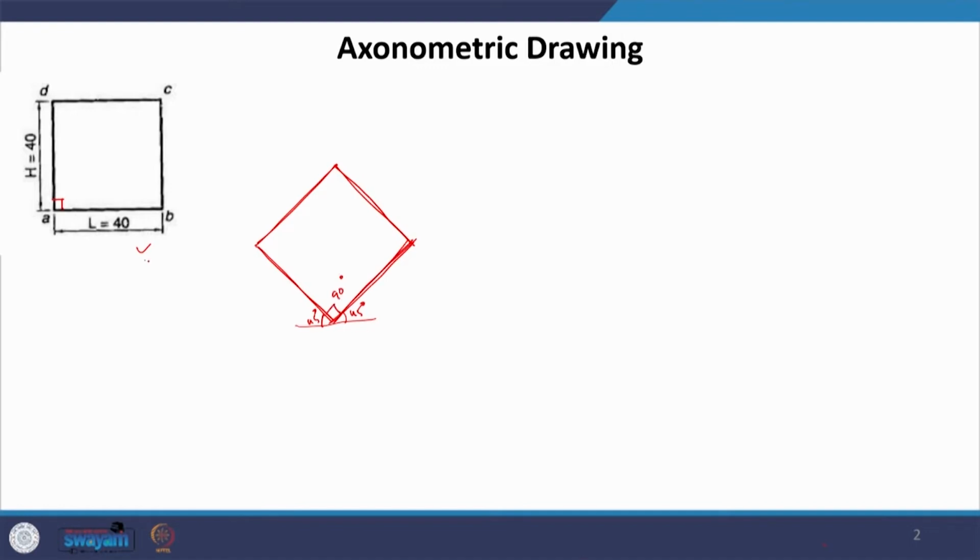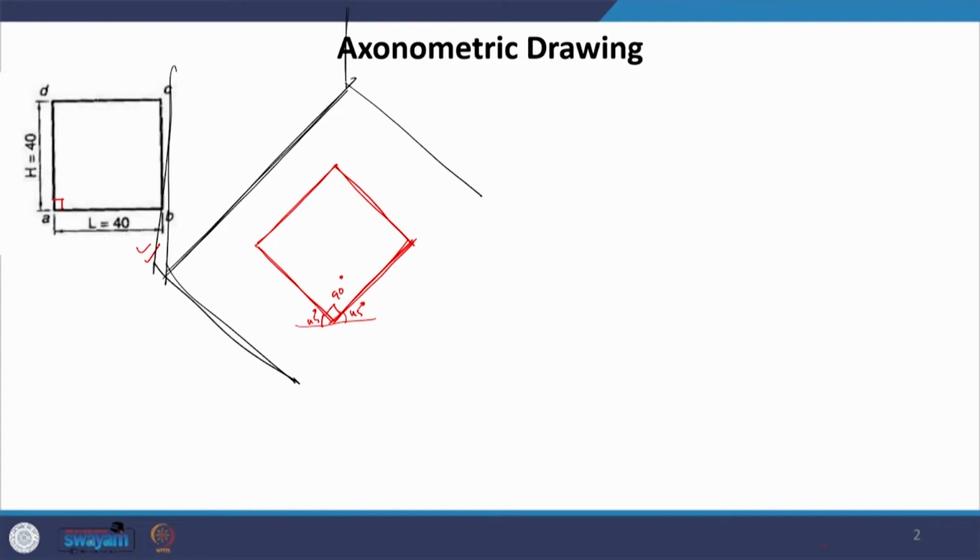Now, if this square was a plane perpendicular to both the planes, then you must remember where this axis is. The axis I am talking about are the reference planes. So, we are assuming that the axis is like this and there is a reference plane like this and there is another reference plane like this.